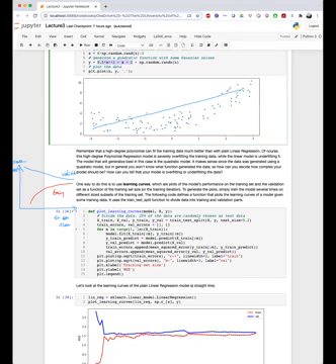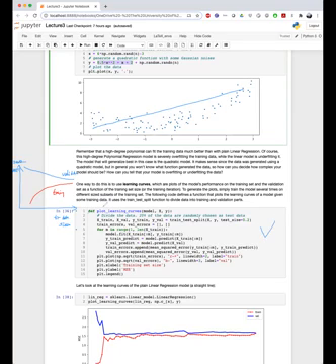So we want to make a plot like this, training score versus the training data size, and the validation score versus the training data size, and we'll see what it looks like. This code does this job.